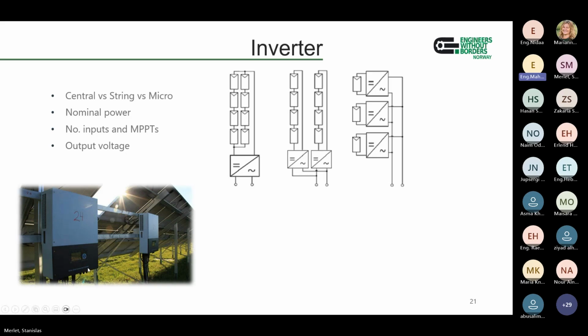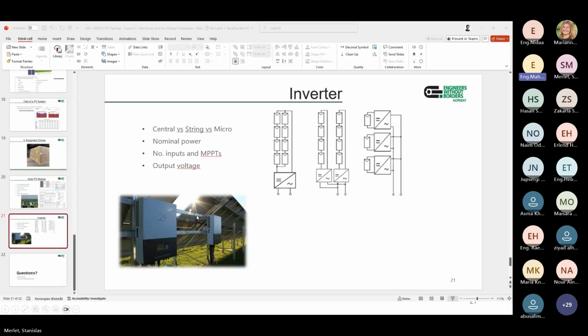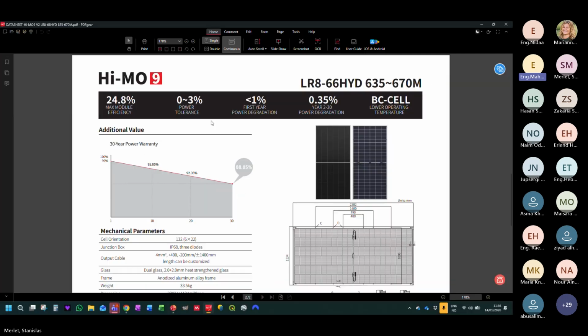For example, I think the dimensions of the PV module, we need this information for designing the mechanical structure. What are the other significant key pieces of information we have to take into consideration in the design phase?